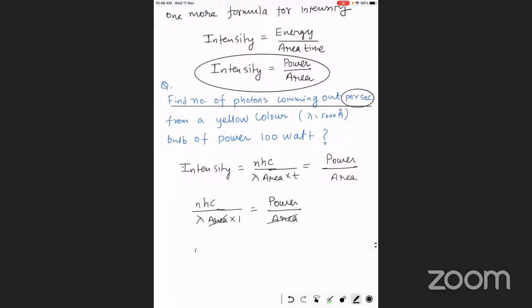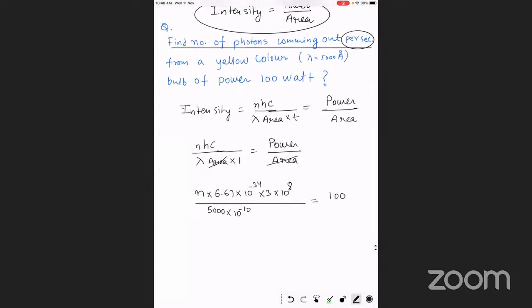Now put value of power and value of h, 6.6 into 10 to the power minus 34, 3 into 10 to the power 8, divided by 5000 Armstrong, means 5000 into 10 to the power minus 10, equal to 100. You solve this to get value of n. Understood? This is a very important question for NEET and mains. Any doubt in this?